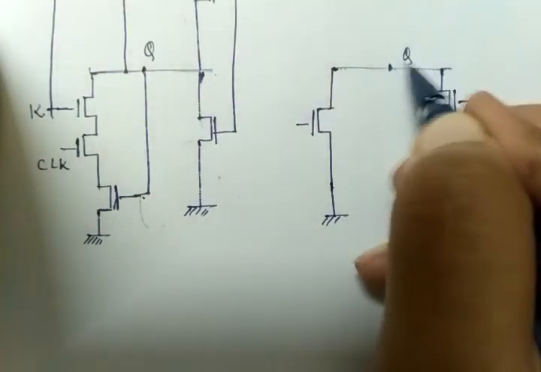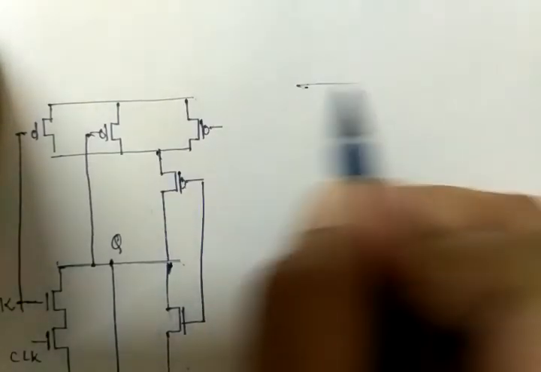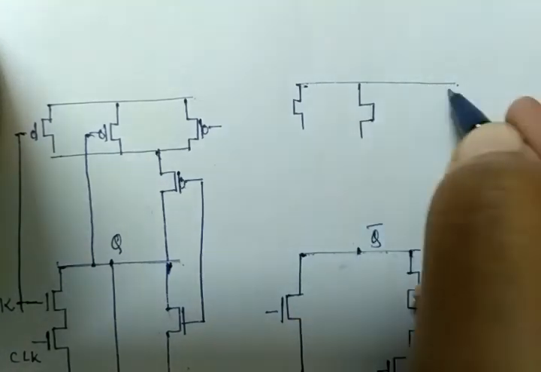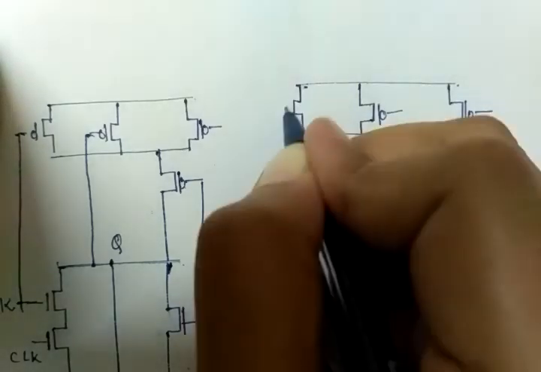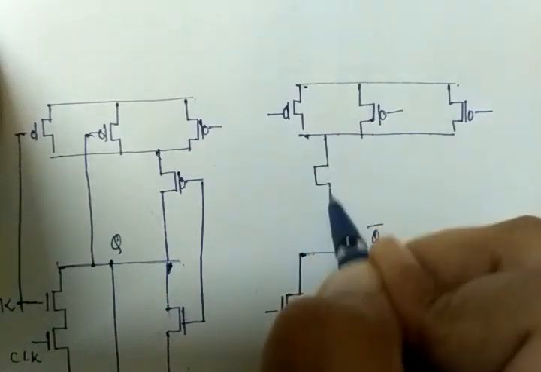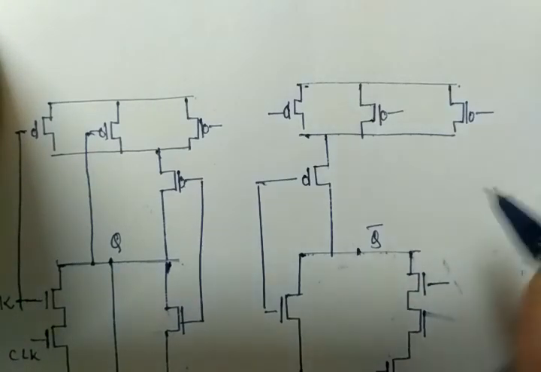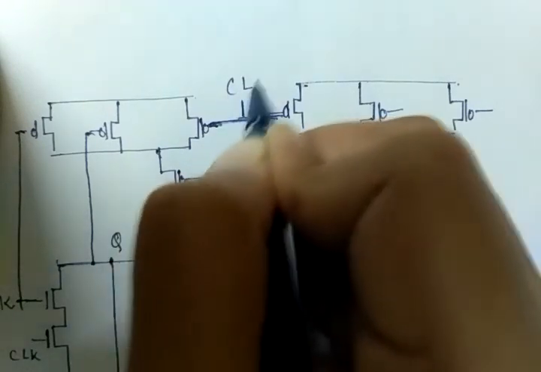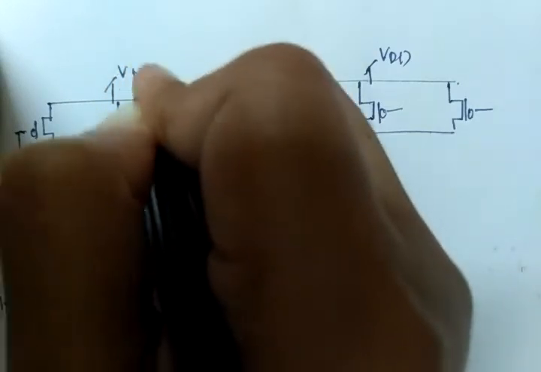And this is your Q bar. This is all PMOS, and this PMOS and this NMOS should be connected. These two are connected for clock as I did before. This is VDD, this is VDD.